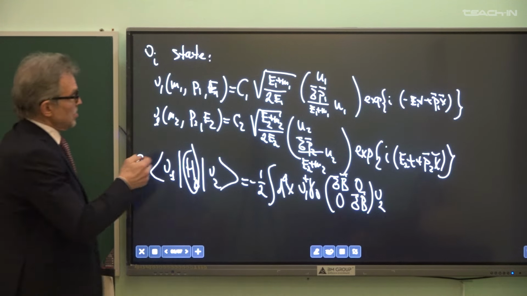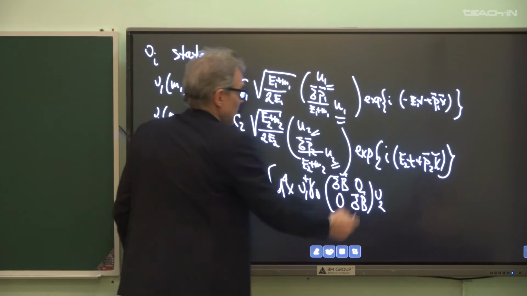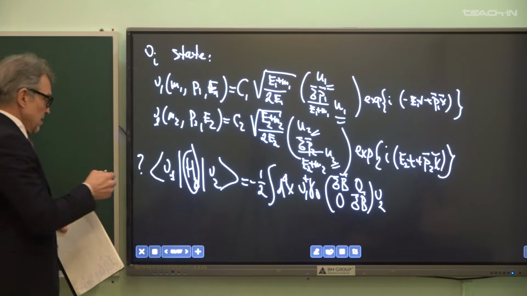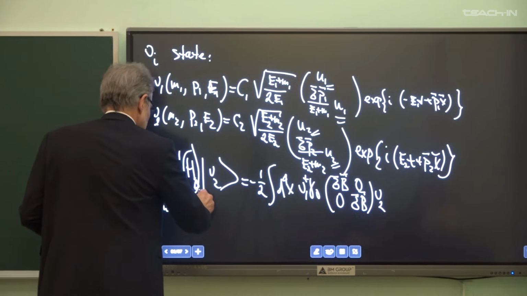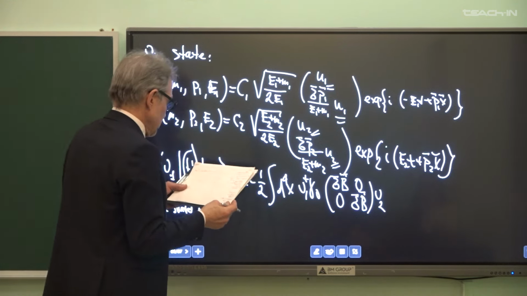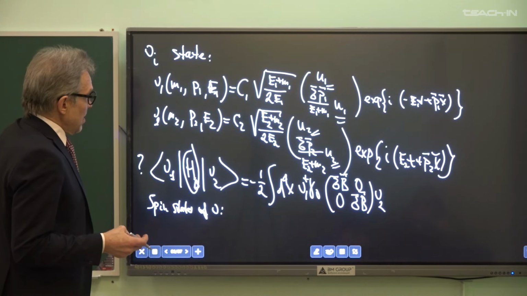So just here, by these terms, we count the spin states of neutrinos. Energy in the second equation, sorry?